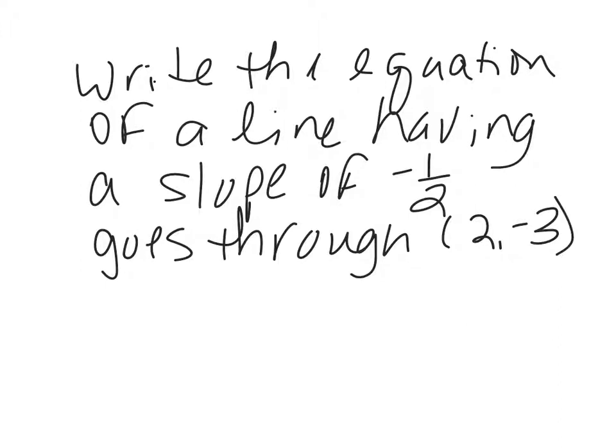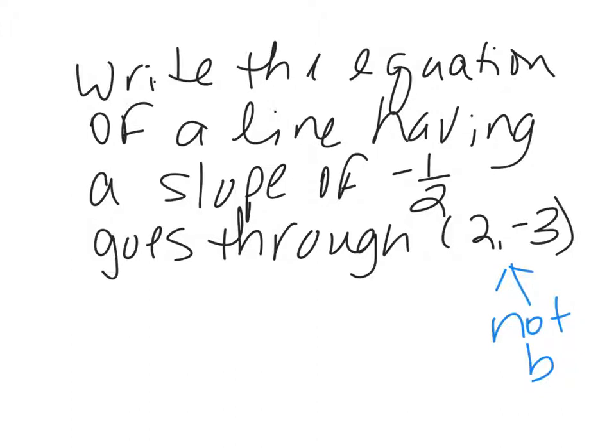Okay, so since this is not B, not the y-intercept, we have to do some calculation. We have to use the formula to figure out if we can see what B is. Because there are a whole bunch of lines with a slope of -1/2. We have to get the one that's going to go through 2, -3.